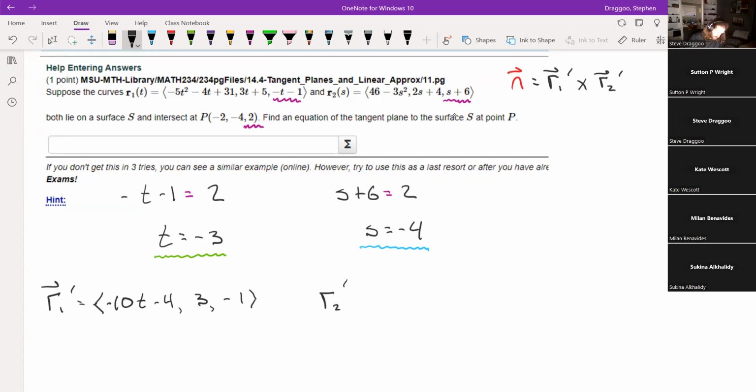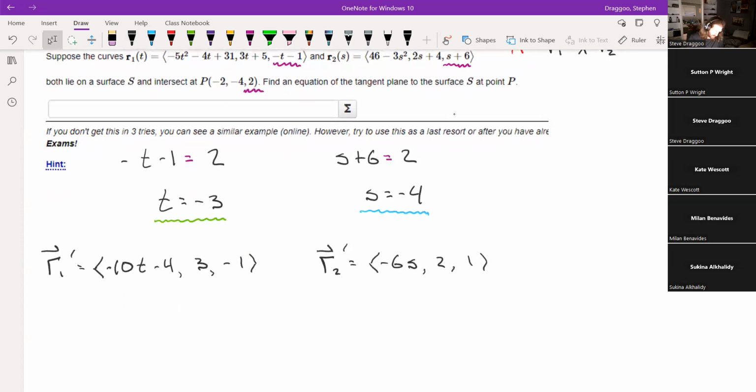And we'll look at R2 prime. Make sure to include our vector hat over here. I'll take the derivative of that other curve, and I'm looking at negative 6s, 2, 1. Both of our derivative vectors still depend on t and s, but I can plug in the specific values that I got for t and s to figure out what the individual vectors ought to be.